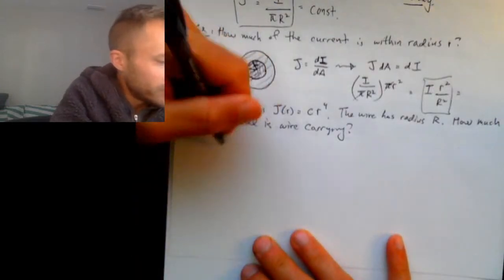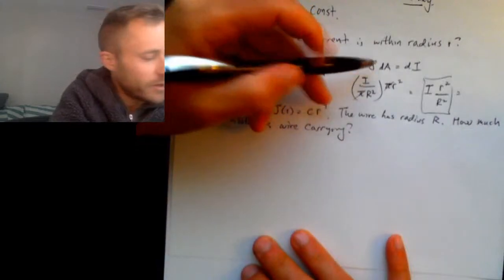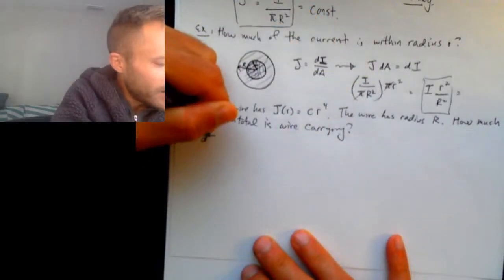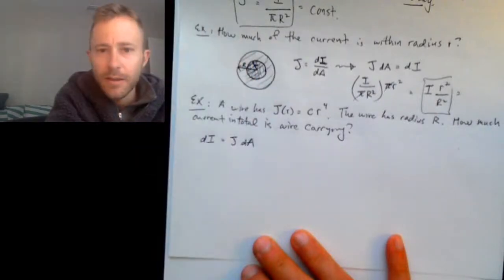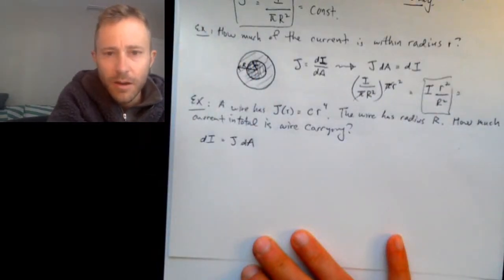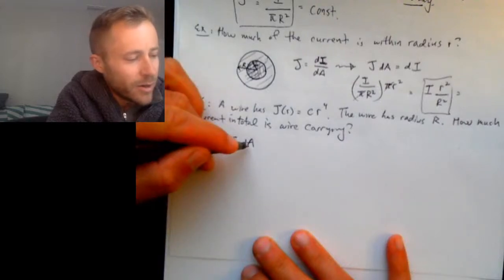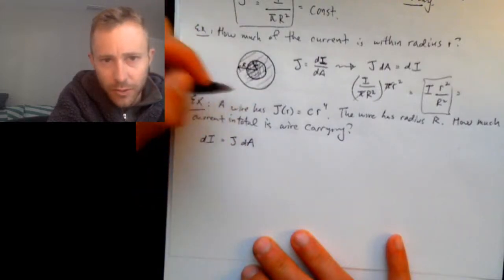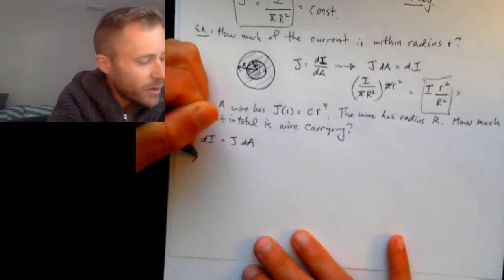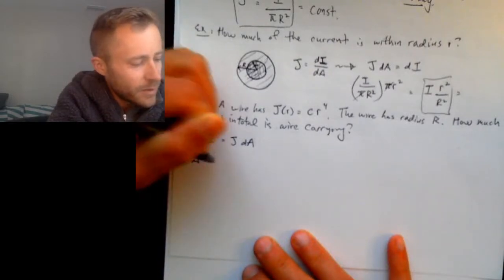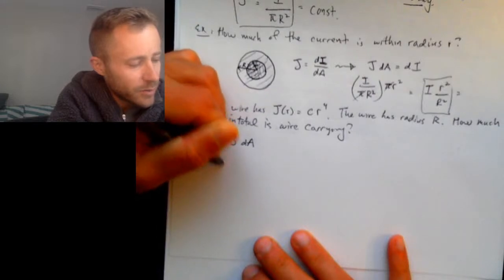Well, we know from this discussion right here that dI equals J dA. Because we're talking about wires of circular cross-section, the area is going to be pi times R squared.